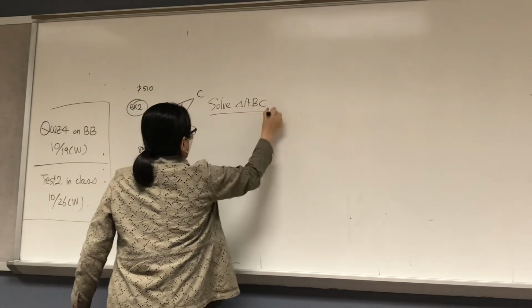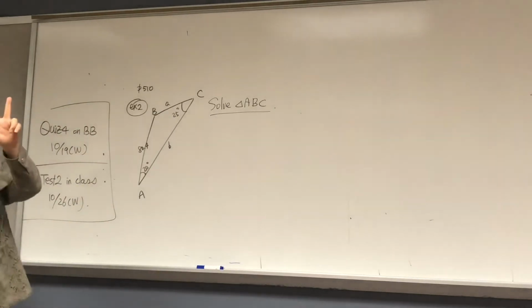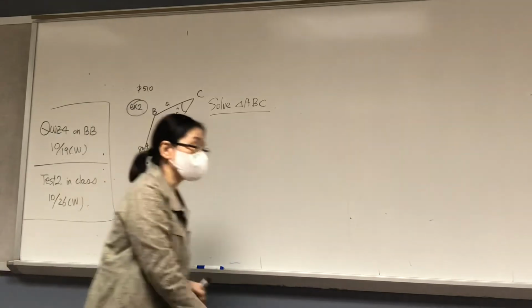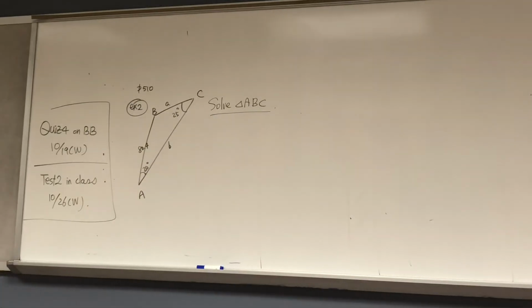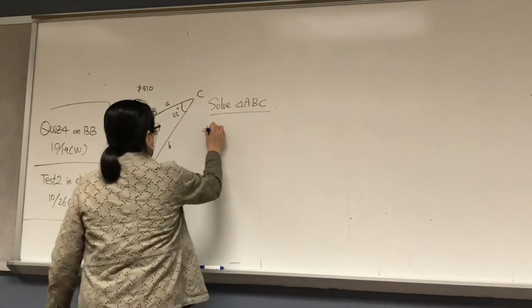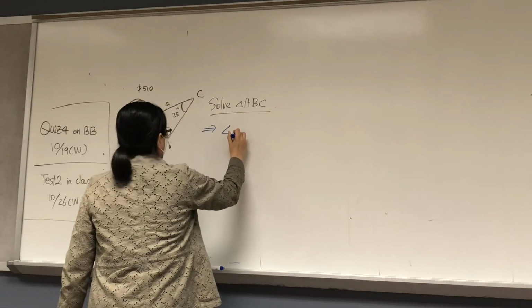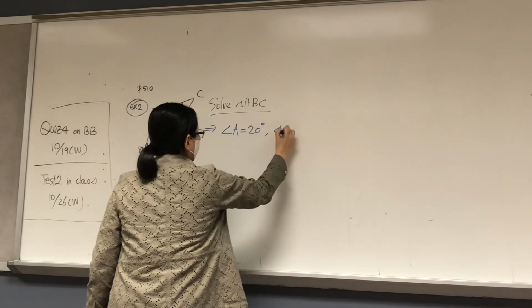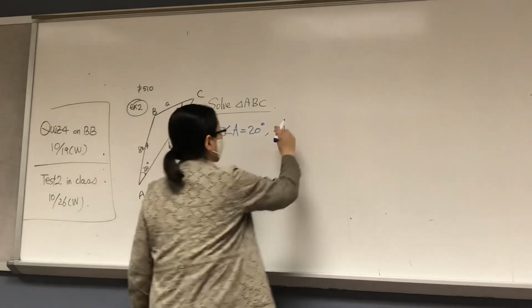It means you have to find 3 angles and 3 sides. So summarize the information. What is known? A is 20 degrees, C is 25 degrees.